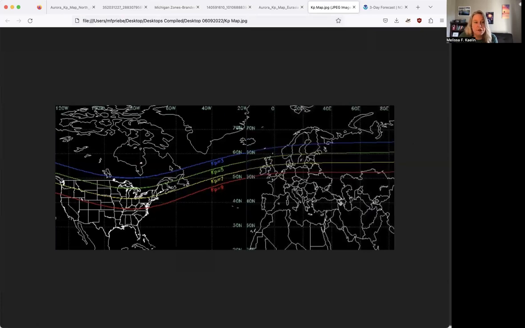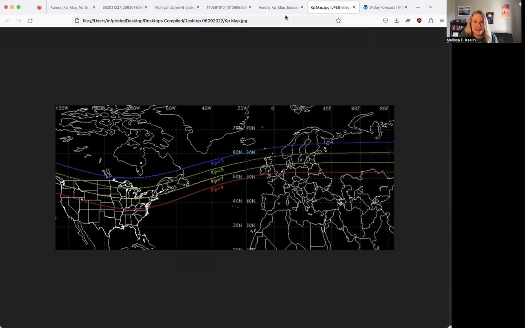This full map showing the KP values as they line up across the world is really cool, not only because it can tell you what to look for, but also you'll notice in the Great Lakes region, the auroral oval, when it gets stronger, dips farther south. So we actually are in a really prime location for viewing some of this really strong aurora in the Great Lakes region of the United States.